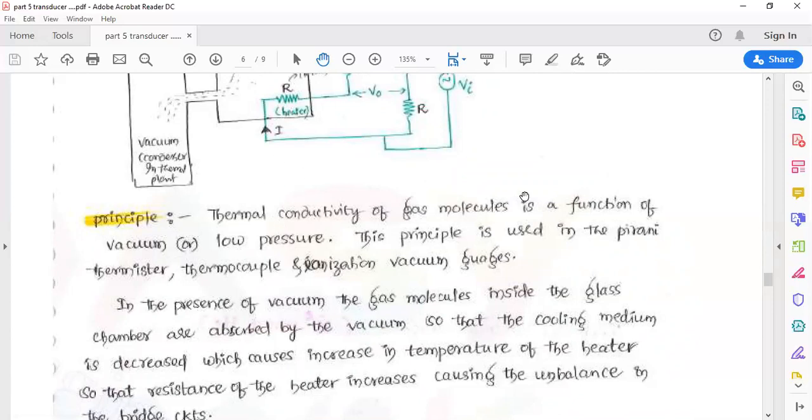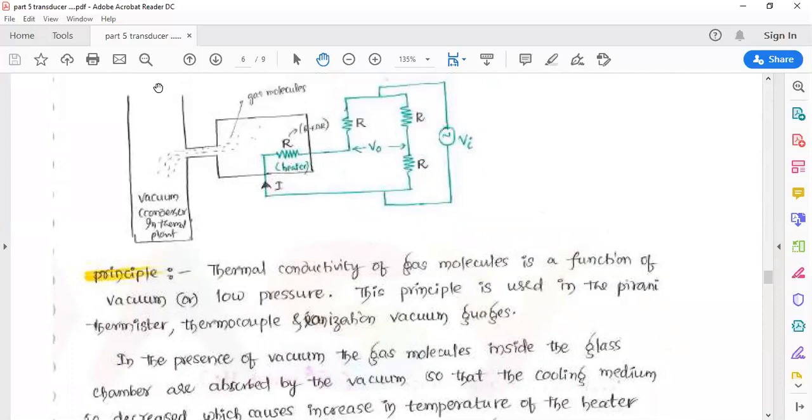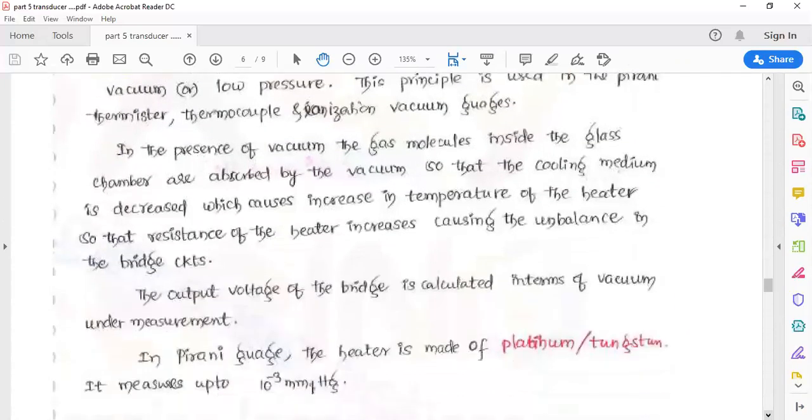As I already explained, when the gas molecules enter here, it will start heating, and this heat will be sensed by this resistance. As a result, its resistance value will increase, and there will be a change in voltage, which can be measured in terms of test pressure.